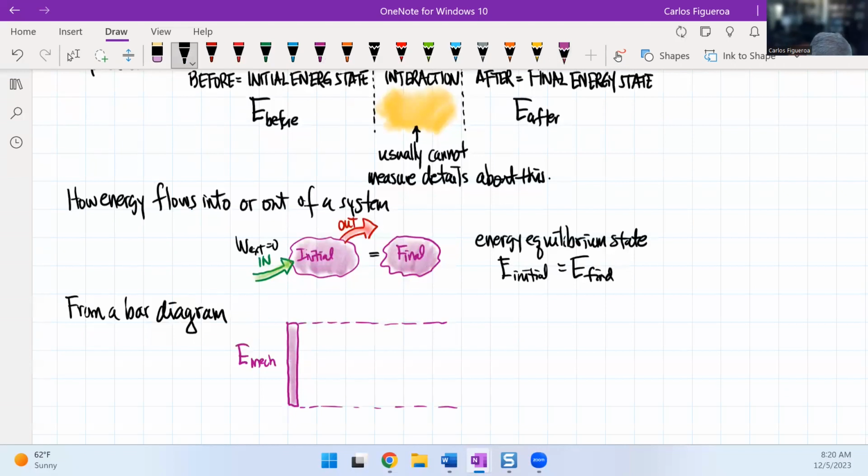This has to remain. If there's no external work, this has to be a constant. What this is really telling us is that one cannot create or destroy energy.